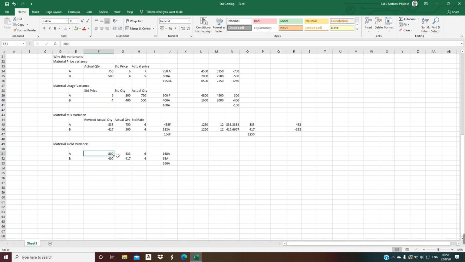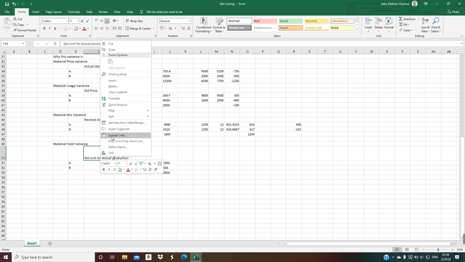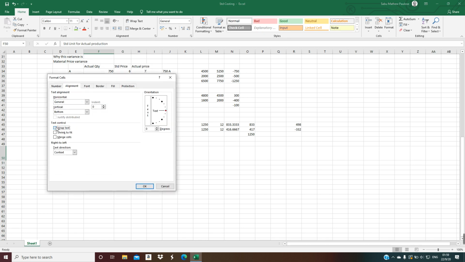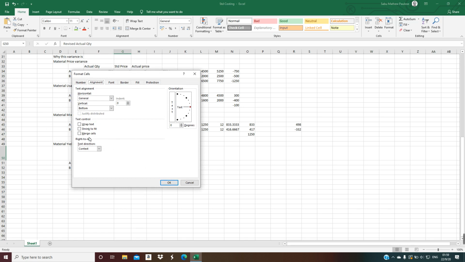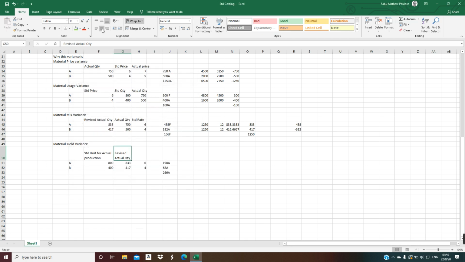So this is the standard unit for actual production, and the revised actual quantity. Revised actual quantity.